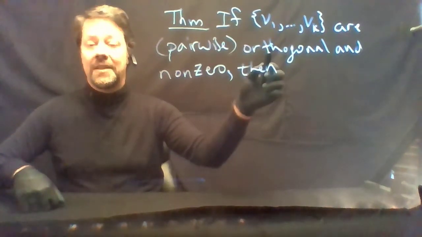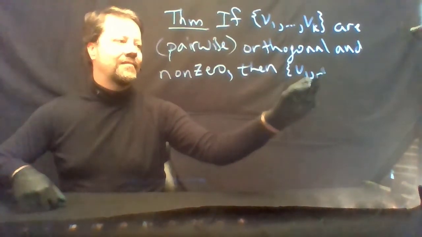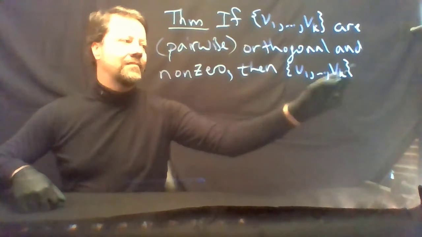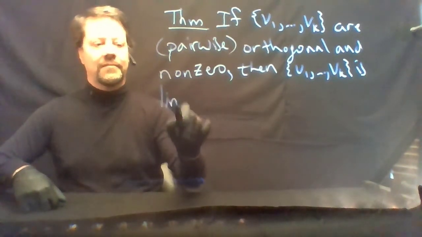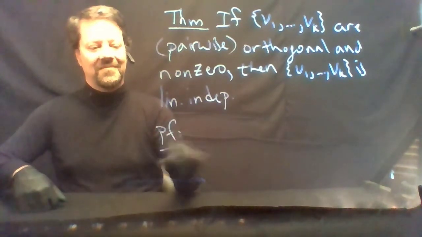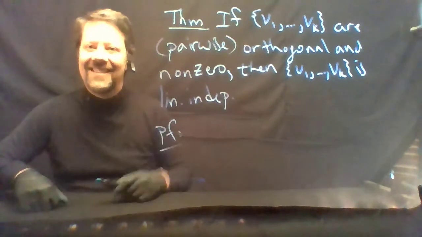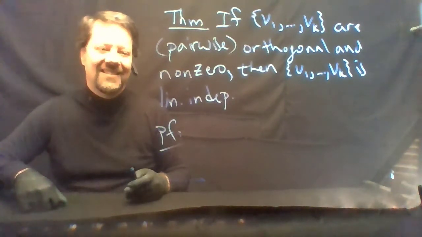Then the set is linearly independent. So if vectors are all pointing in orthogonal directions, they have to be linearly independent.